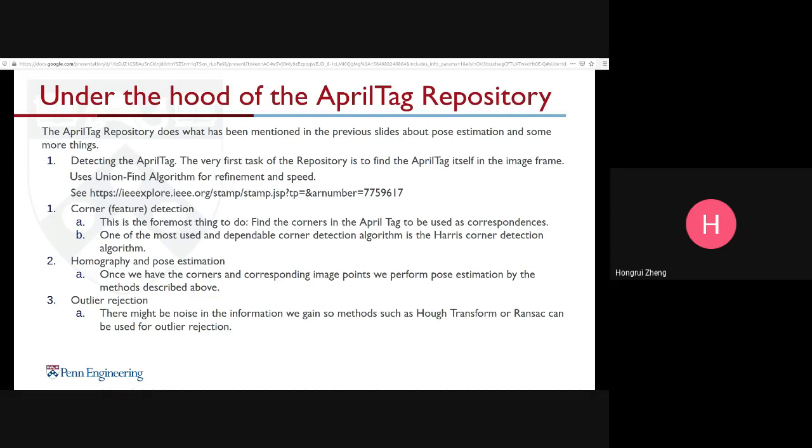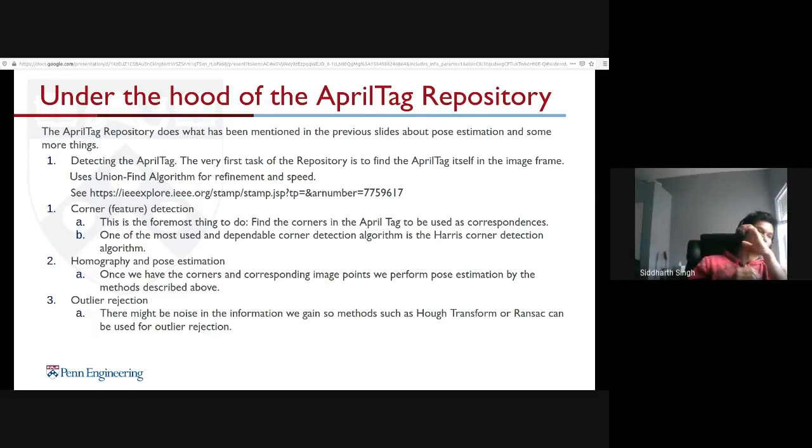So you're basically keeping a heat map of which line gets the most votes, and that's how you find the best match line. Yeah. Okay. It's kind of similar to RANSAC, but the other way around. So you draw lines through all the points, and then you see which line gets the most score.